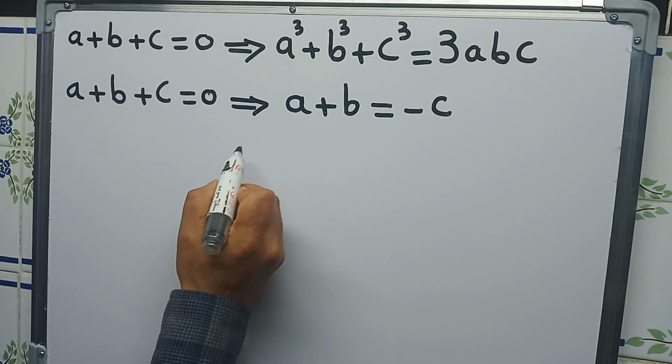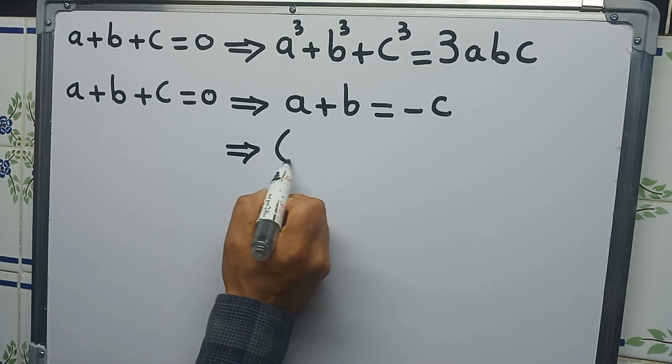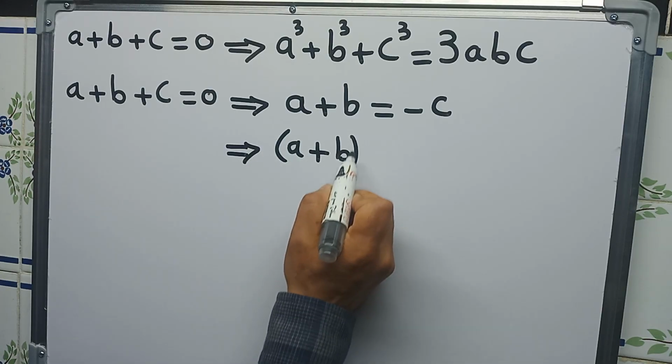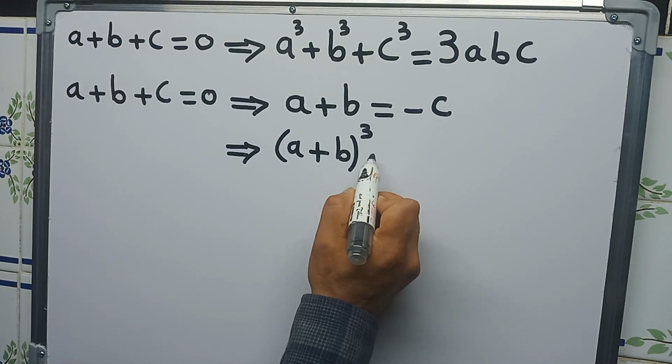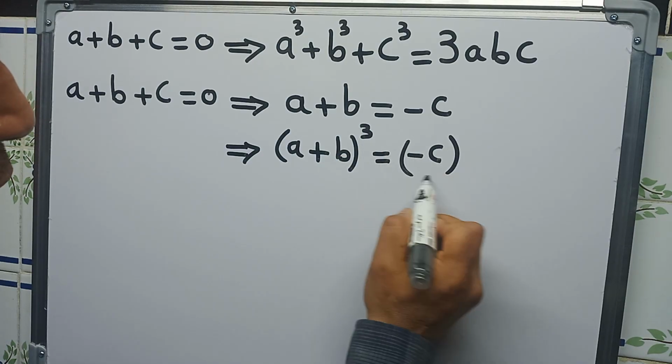And now, cubing the two terms, we will have a plus b cubed is equal to minus c cubed.